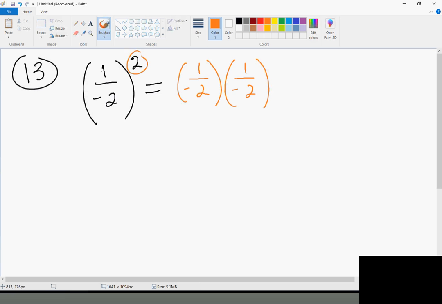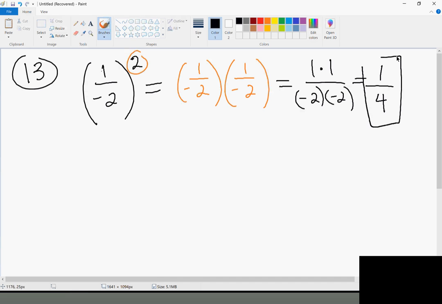When you multiply fractions, you can just multiply straight across. That would be 1 times 1 at the top, and then negative 2 times negative 2 in the bottom. So 1 times 1 equals 1, and negative 2 times negative 2 is positive 4. They have the same signs, we're multiplying, so the answer is going to be positive. So that's your answer there.